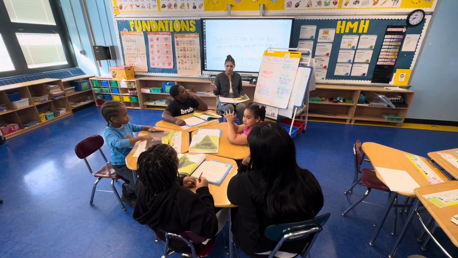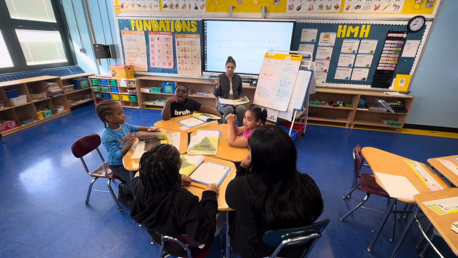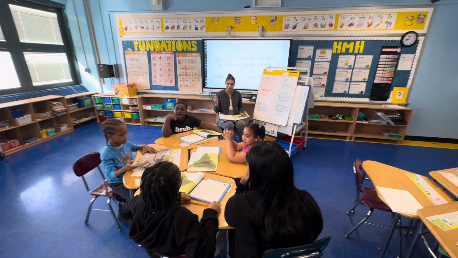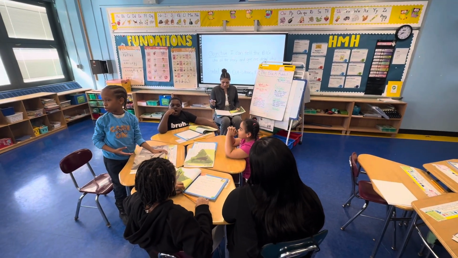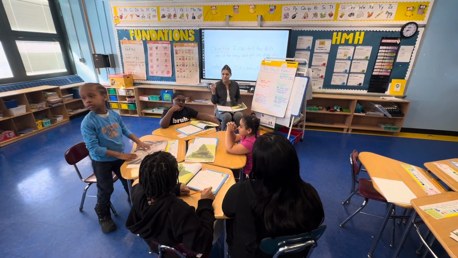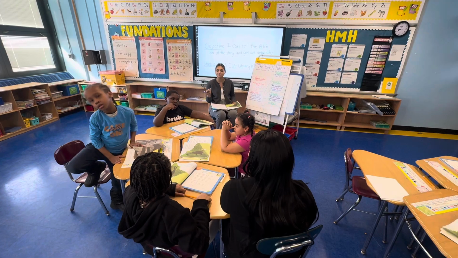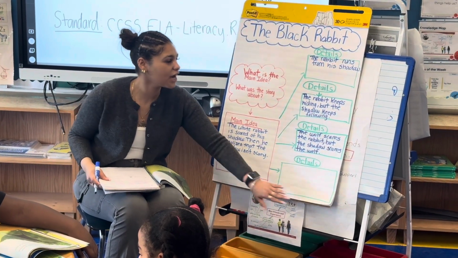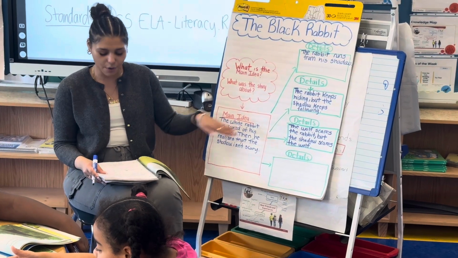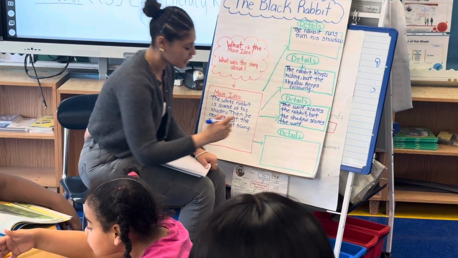Because the black rabbit scared the wolf. Yes, good job. The black rabbit made him feel safe because he protected him from the wolf. Good job. So that's going to be our last detail that supports our main idea.